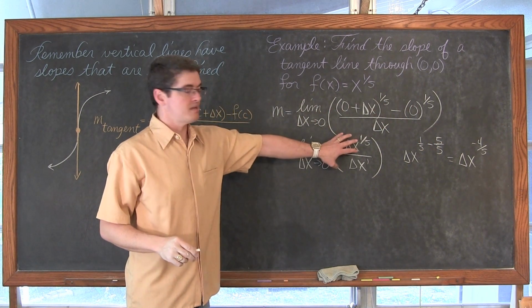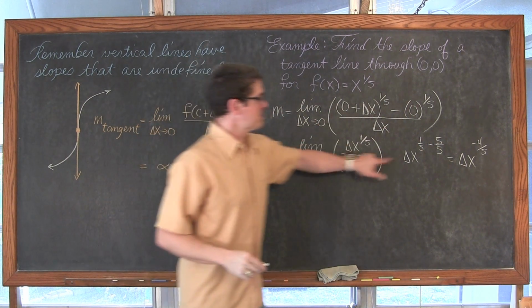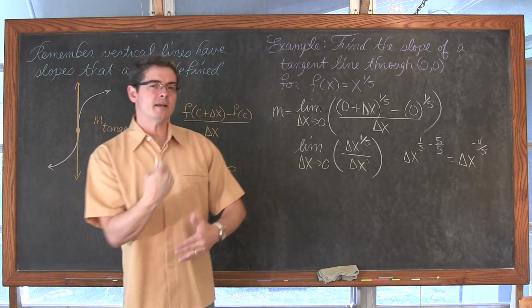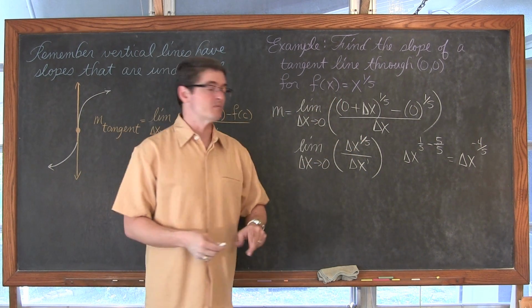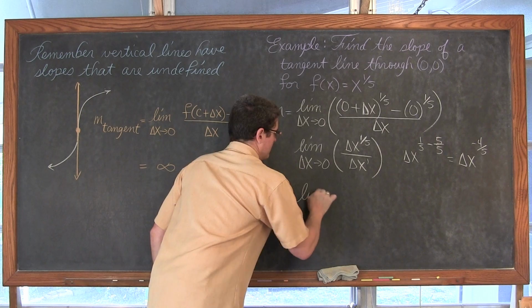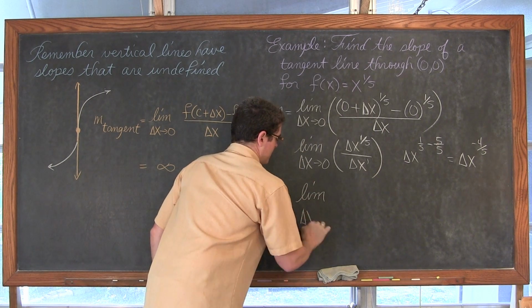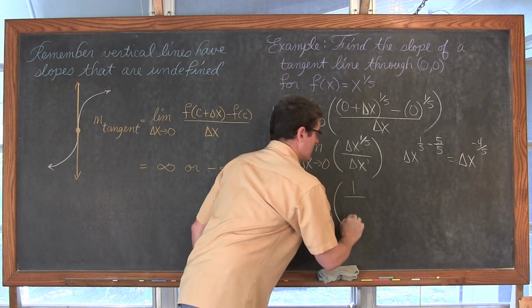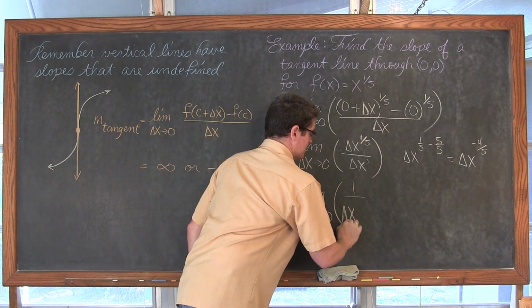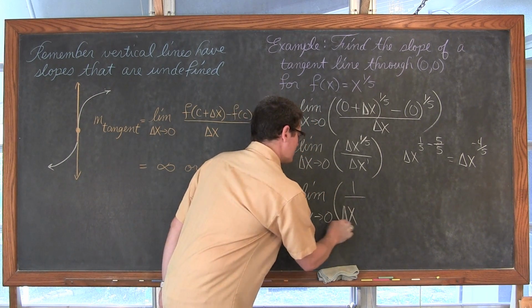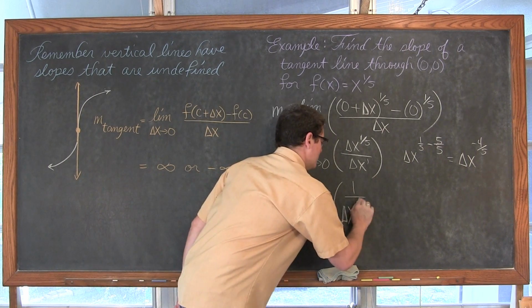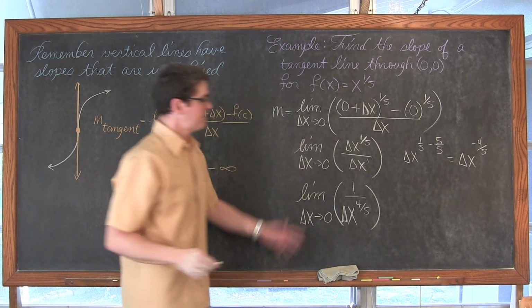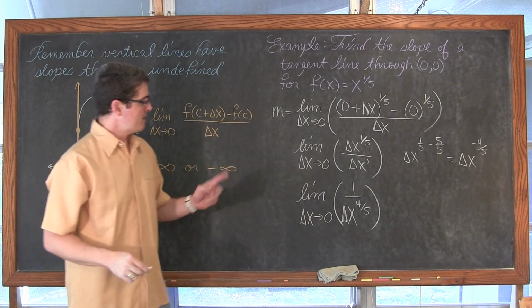I can write it without the negative exponent, which means it's the limit as delta x approaches 0 of 1 over delta x to the 4/5. And really nothing else can be done to that expression.